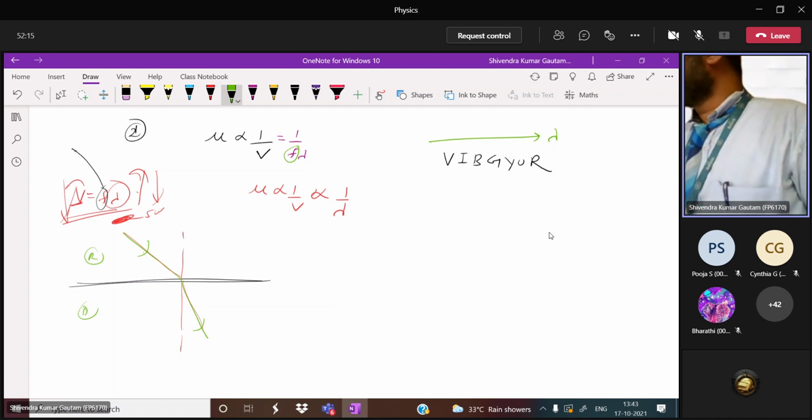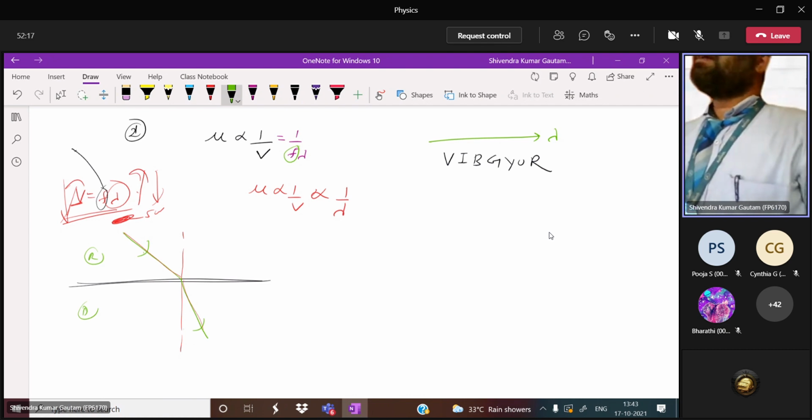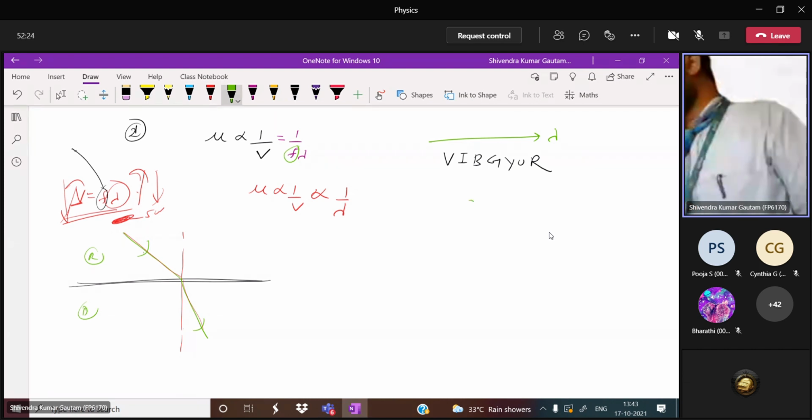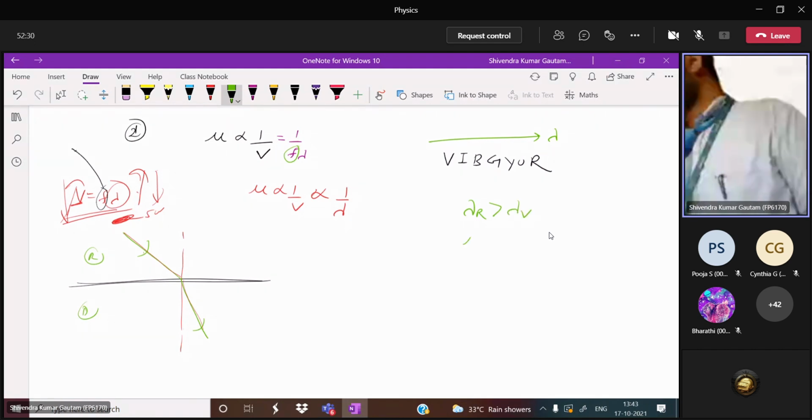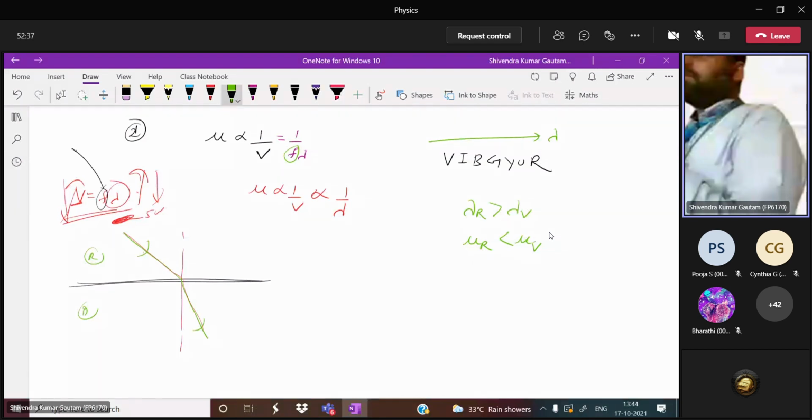If the wavelength is maximum for red color, then is the refractive index of red color more or less? Less. Mu is inversely proportional to lambda. If lambda r is greater than lambda v, then mu r will be less. Refractive index depends on the color of light also. Red color has a different refractive index, violet color has a different refractive index. Okay, note it down.